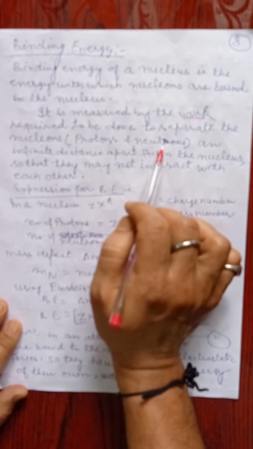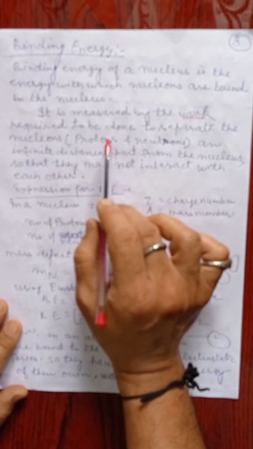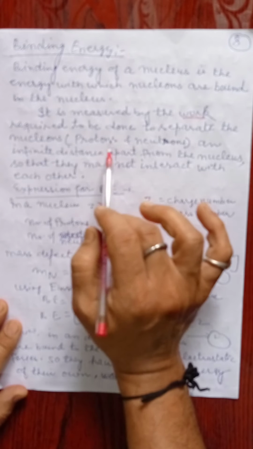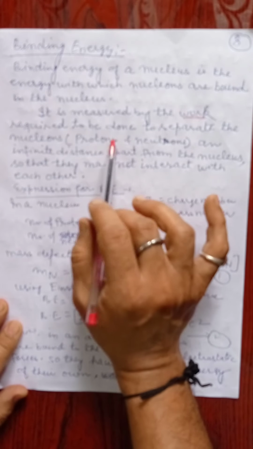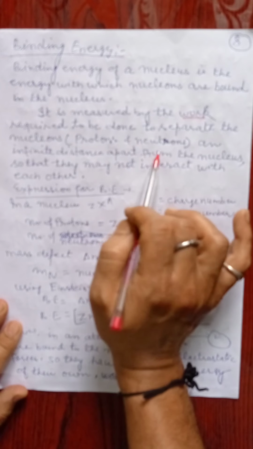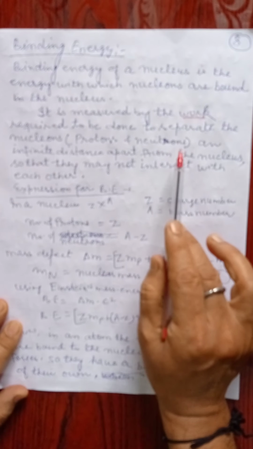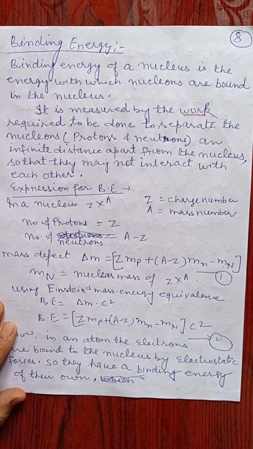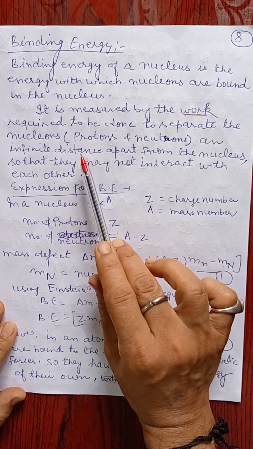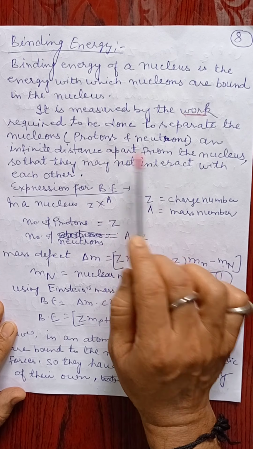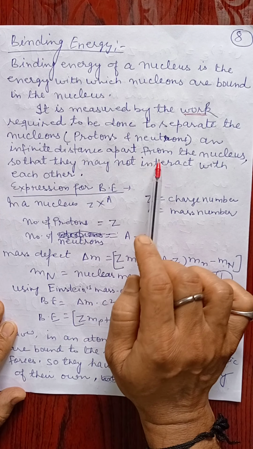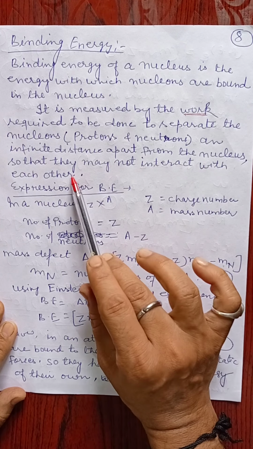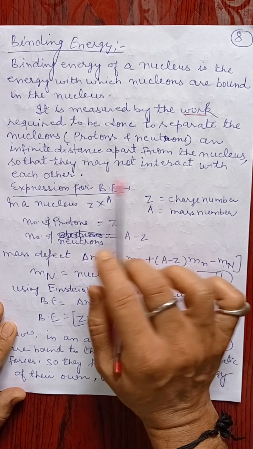Protons and neutrons are bound in the nucleus by a large nuclear force, and to separate them some work must be done. This work is required to separate the nucleons an infinite distance apart from the nucleus, so that they do not interact with each other.